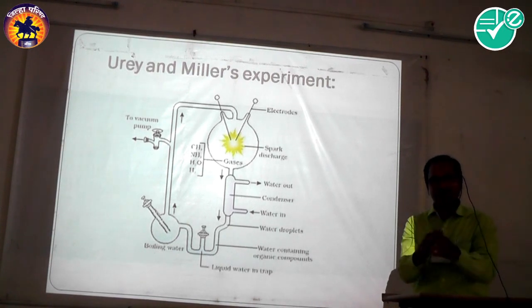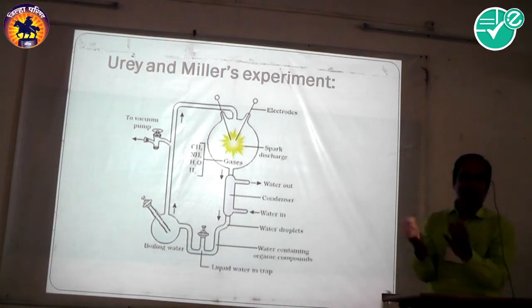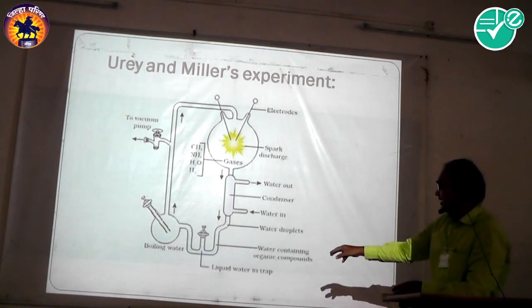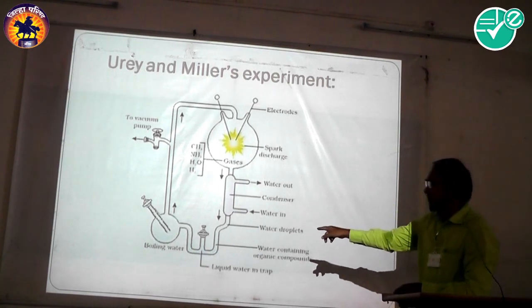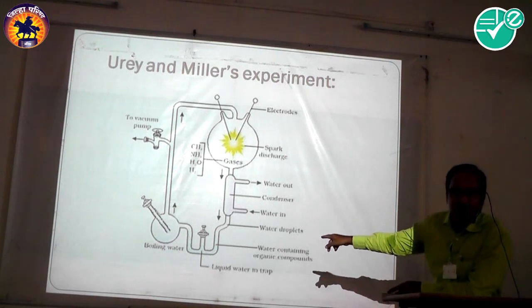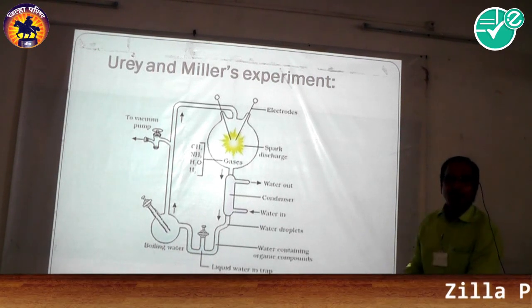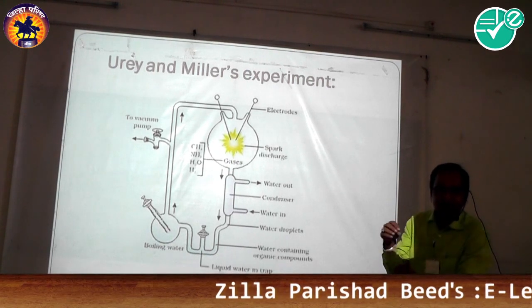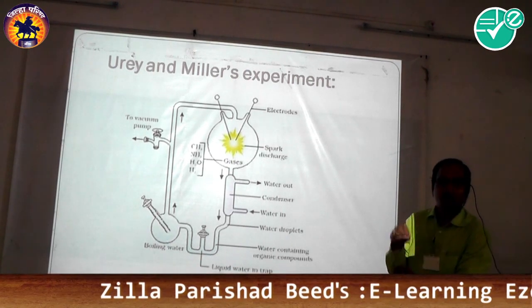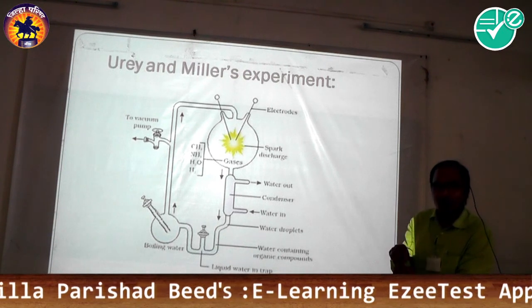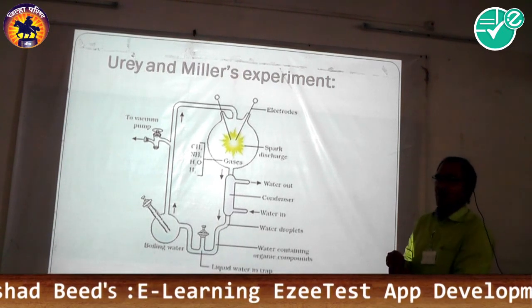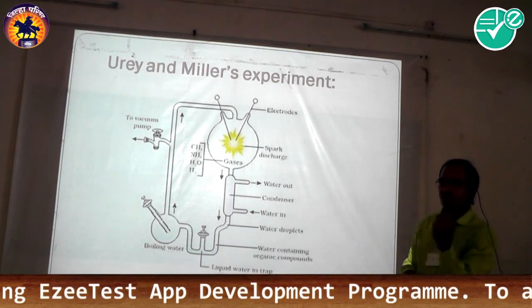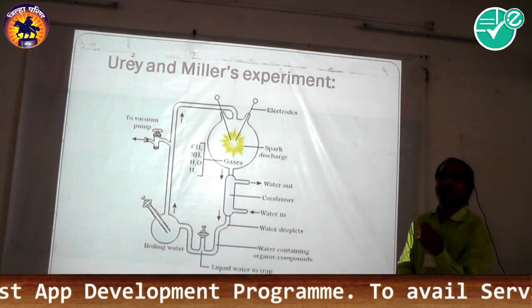The water vapors get condensed and converted into water, and that water is collected in the trap below. From that trap, they collect a sample of the water and observe it for the presence of simple organic compounds. They found that in that water there is a formation of amino acids.